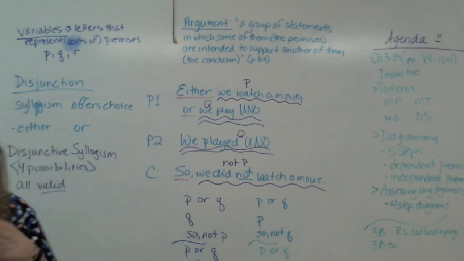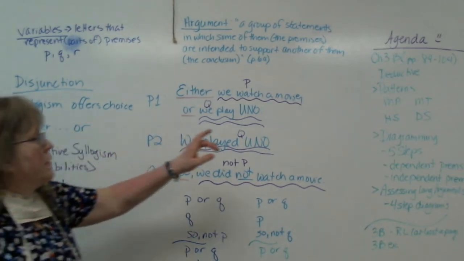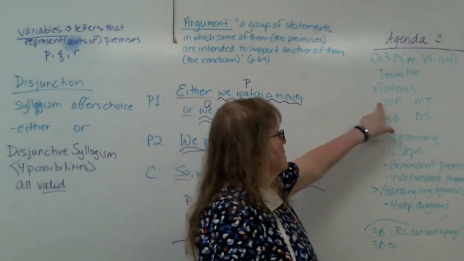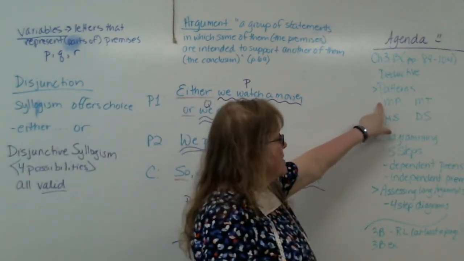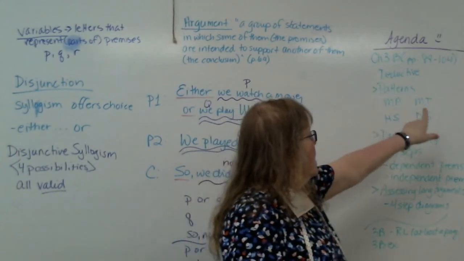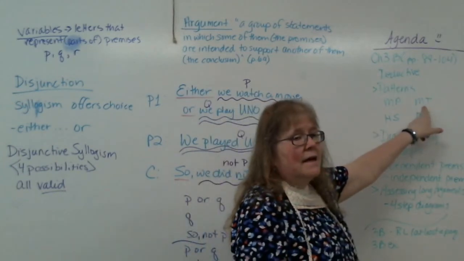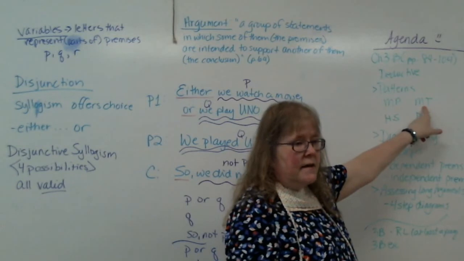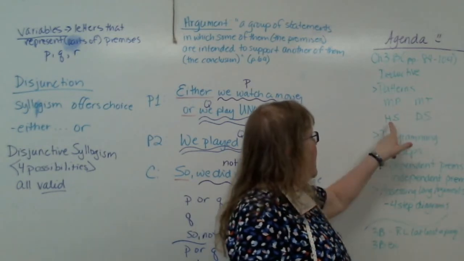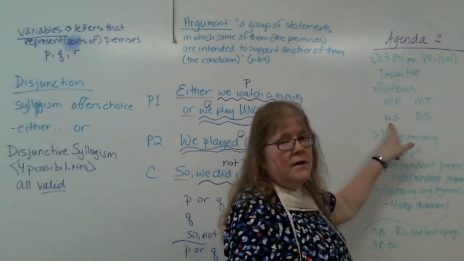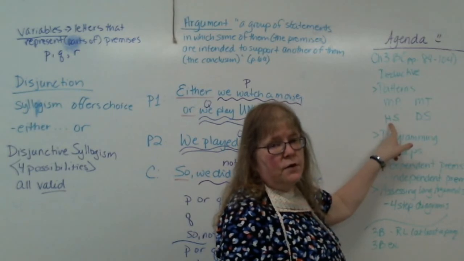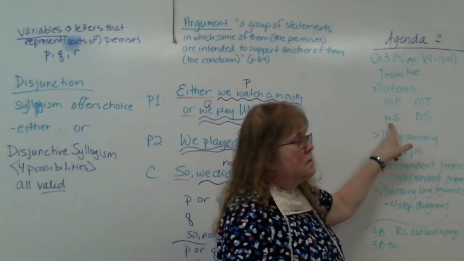Okay, so we have our patterns, modus ponens, affirming the antecedent, modus tollens, denying the consequent, hypothetical syllogism, if P then Q, if Q then R, if P then R, okay?